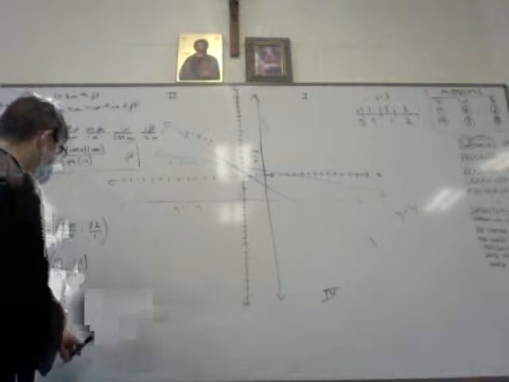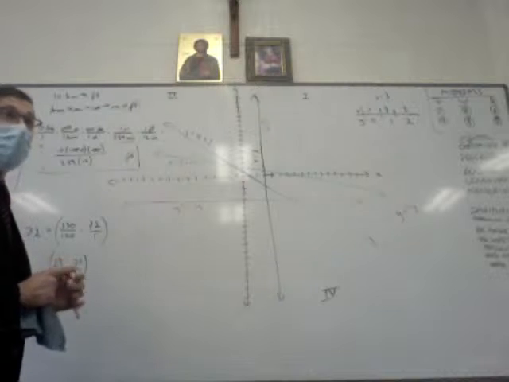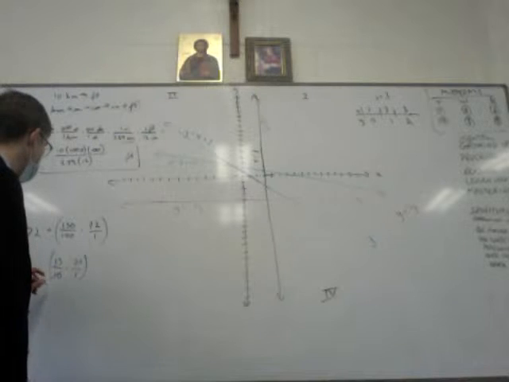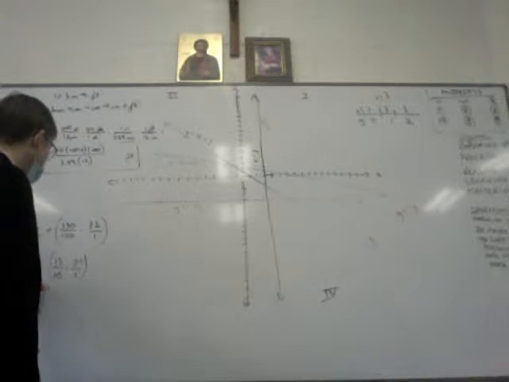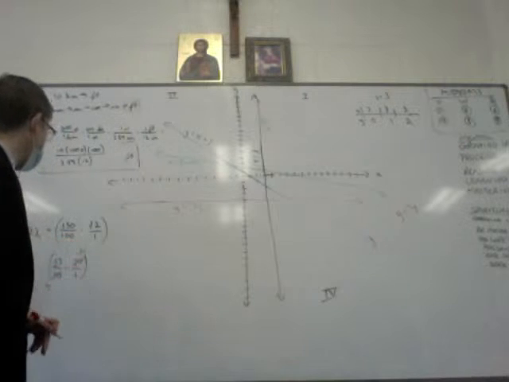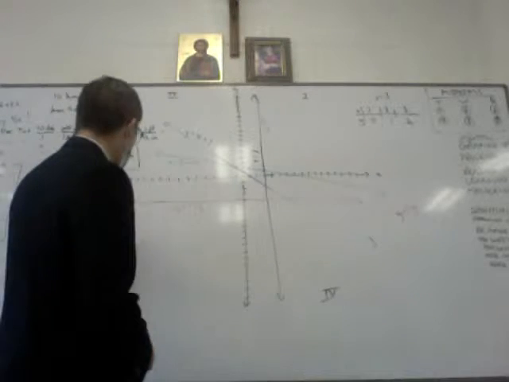Well, what things can we divide 10 by? 2. Can we divide 72 by 2? Yes, awesome. So 10 divided by 2 is 5. 72 divided by 2 is 36. All right, so on top, we've got 13 times 36, which is what?